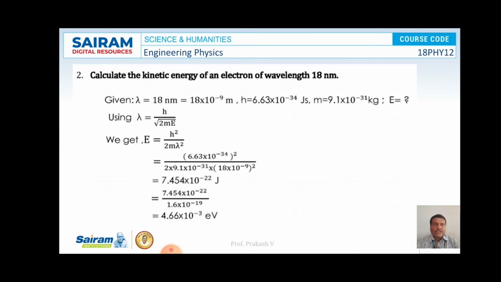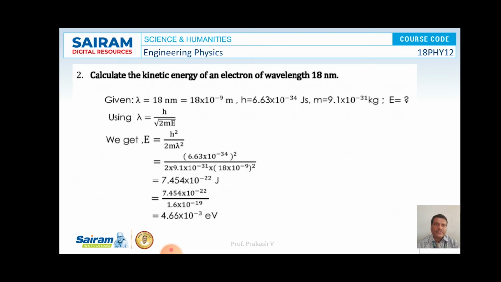So here we are going to calculate capital E, that is the kinetic energy of the electron, and we know the formula lambda is equal to h by square root of 2mE. So by rearranging the equation we get E is equal to h squared by 2m lambda squared.